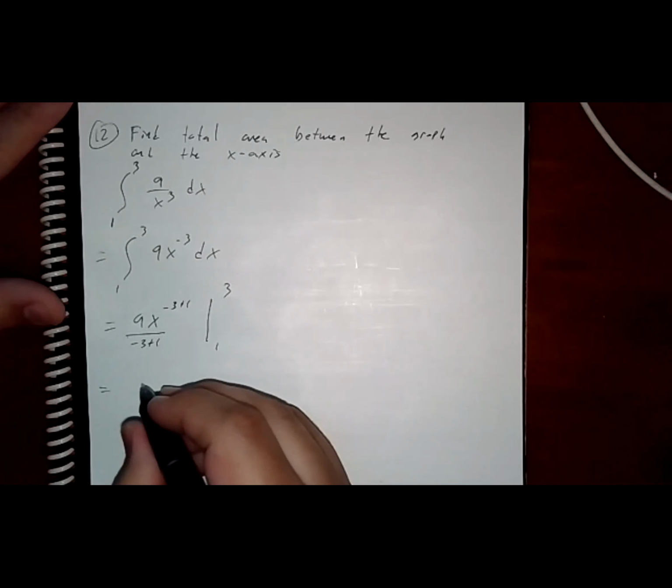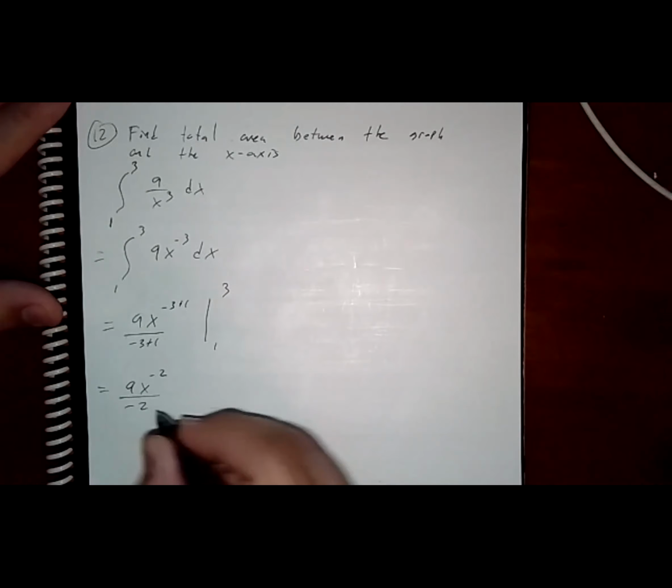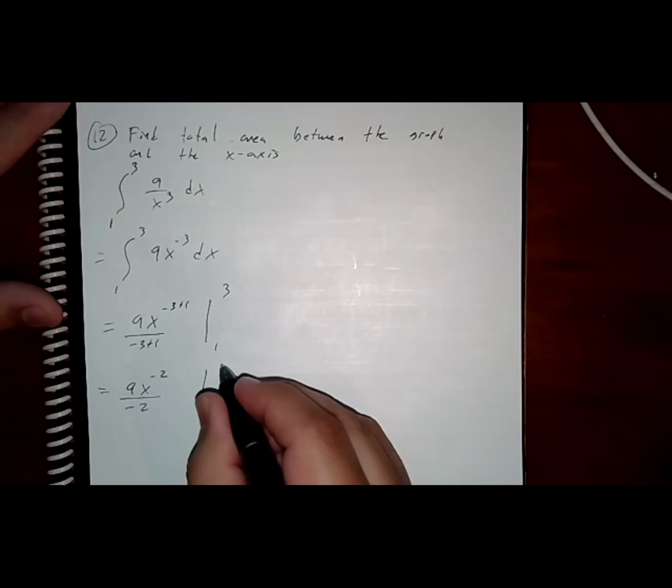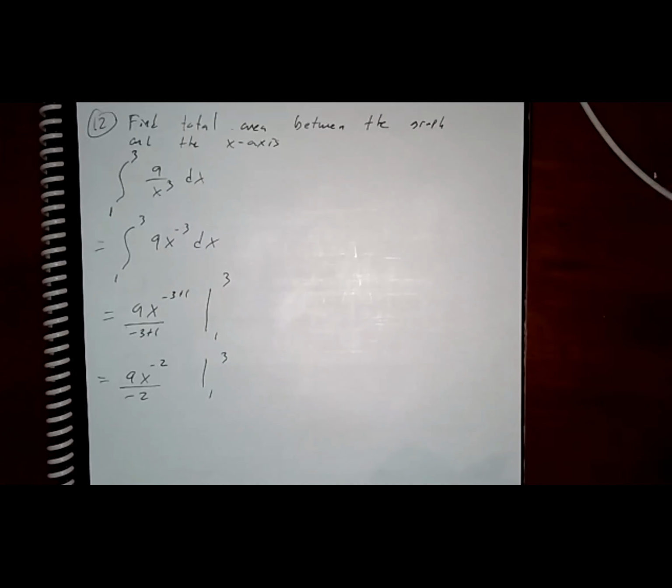So that will become 9x to the negative 2 over negative 2 from 1 to 3. We can rewrite this a little bit better. So it'll be negative 9 over 2, 1 over x squared, from 1 to 3.